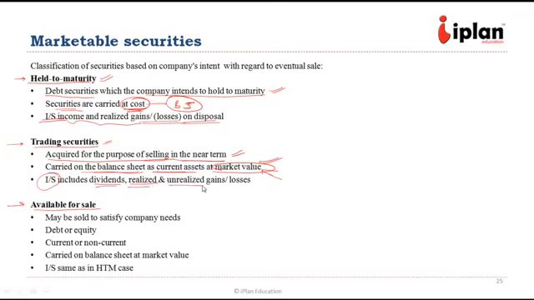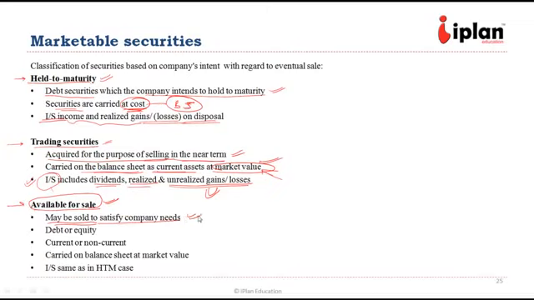And in the income statement, all the dividends, realized and even unrealized gains or losses are to be put in the income statement. Unlike held to maturity securities, where we are not putting any unrealized gains or loss in the income statement, for the trading security we are doing so. Now let us look at another type of securities, which are available for sale.